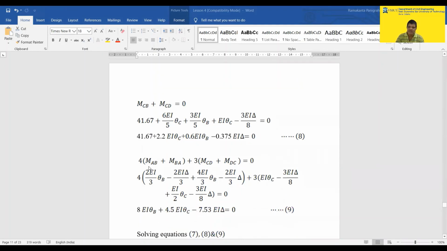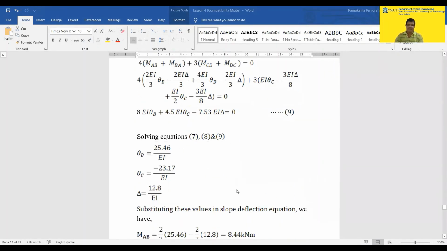Then the third condition, HA plus HD is equal to 0. There is no horizontal load, so we'll find this. Now equation 7, equation 8, and equation 9 can be solved. By solving equations 7, 8, 9, we'll find the values of theta B, theta C and delta, as we have already obtained in previous problems.